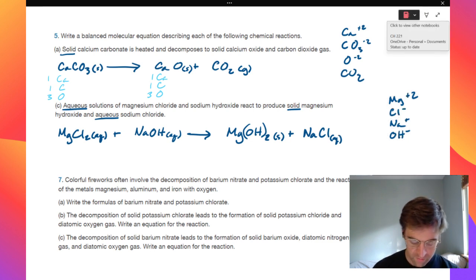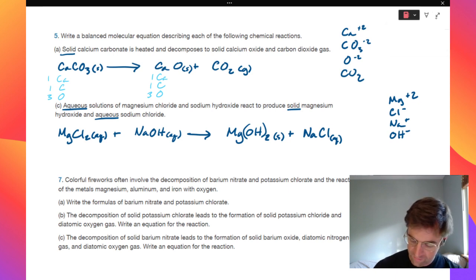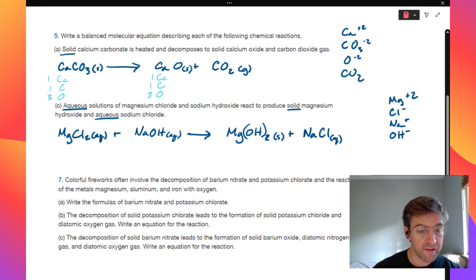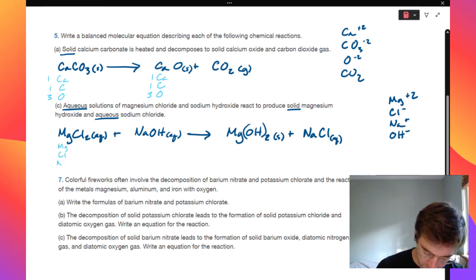Sodium chloride. Okay. Are we balanced? Let's grab our different pen, do some accounting, and find out. Cool. Magnesium, chlorine, sodium, and hydroxide, and we're literally just counting these up.